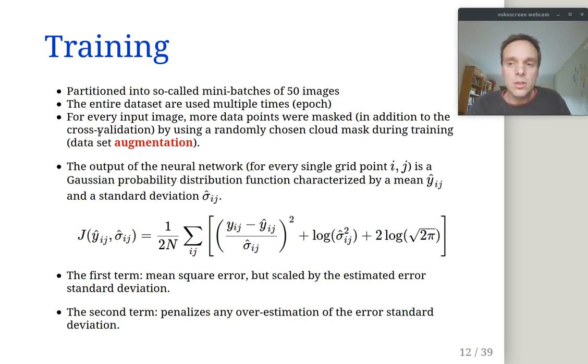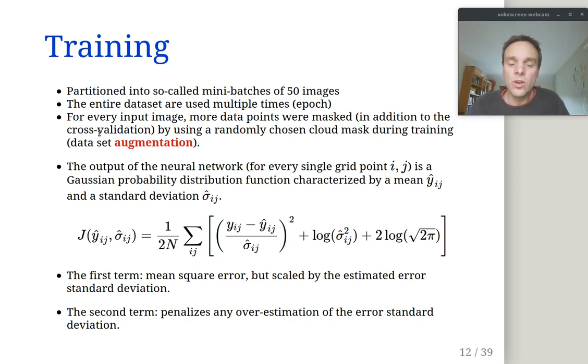And now, quite importantly, is the choice of the loss function. Since we're not only trying to get the value of the sea surface temperature at all grid points, we also want to have its expected error. So we need to take into account the expected error also in the loss function.